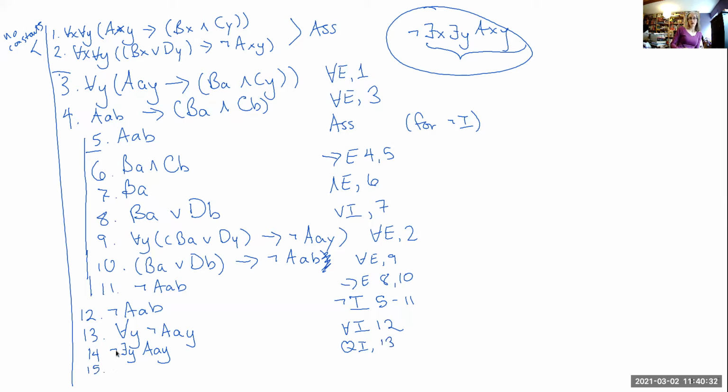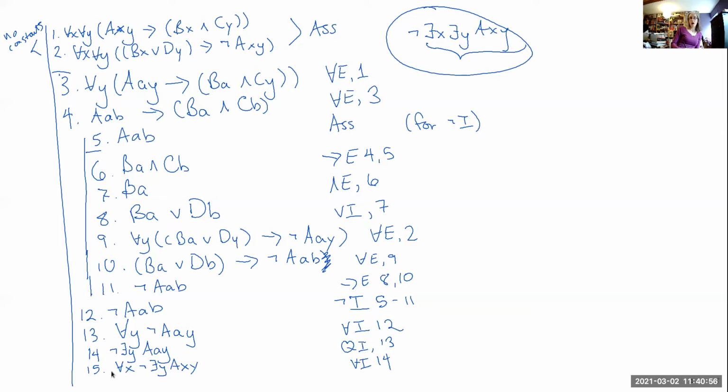I can do this again. So I'm now going to do universal generalization on A. That gets me for all x, not exists y, A x, y. Universal introduction on line 14. A doesn't occur in either premise 1 or 2, so I'm allowed to generalize on it.